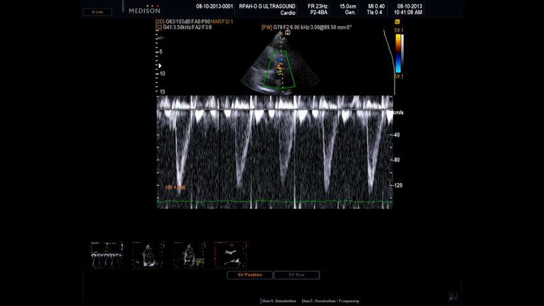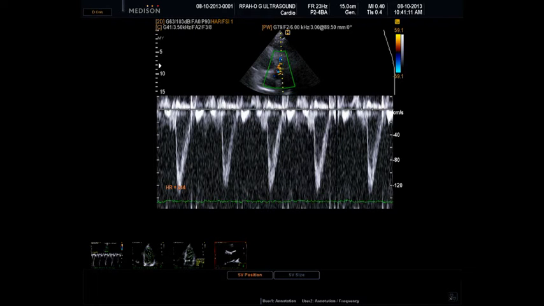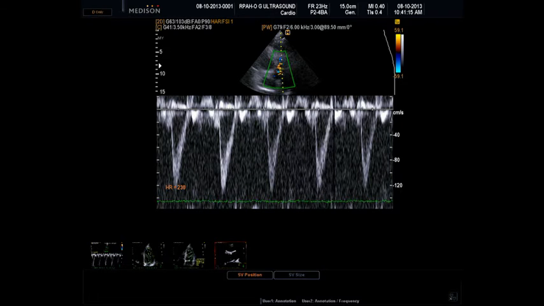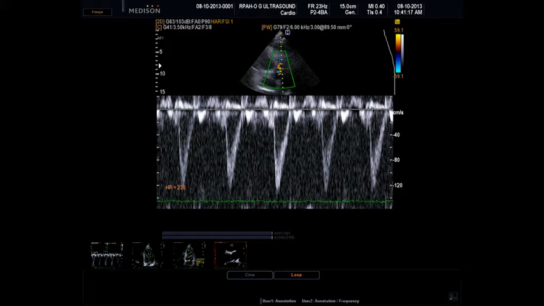So you can see this is the blood flowing out through the ascending aorta in systole. So what we can do here is measure this column of blood. And this is the velocity time integral. So we just trace around it.